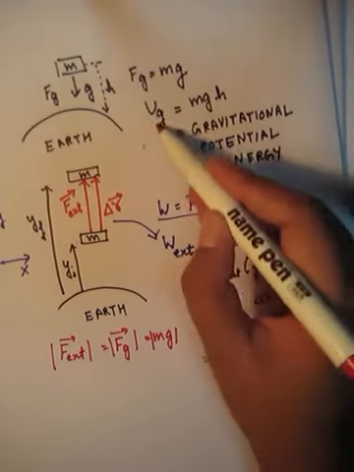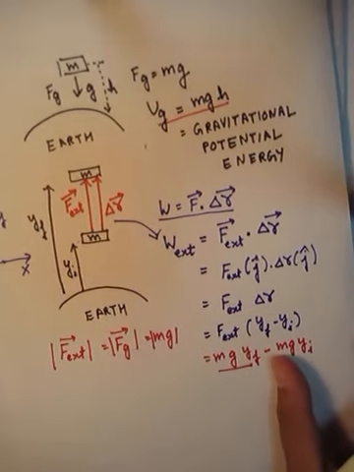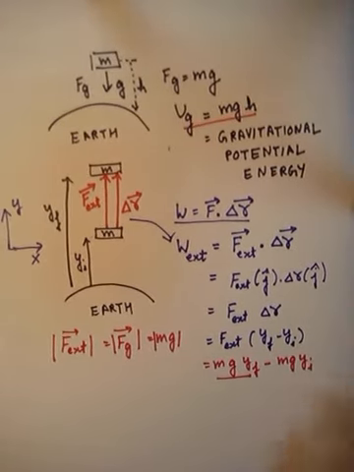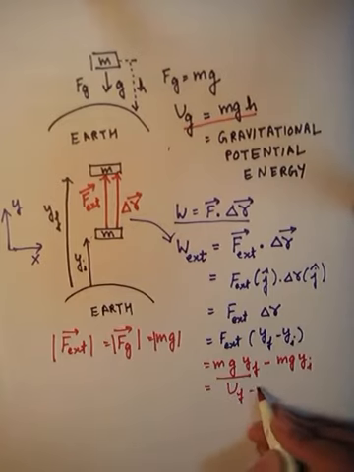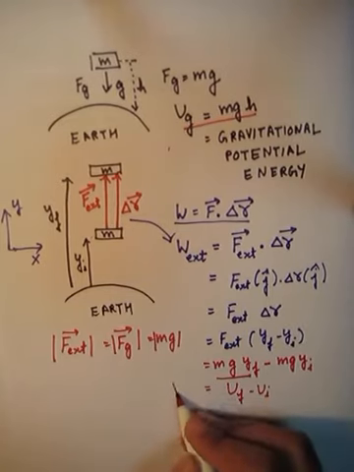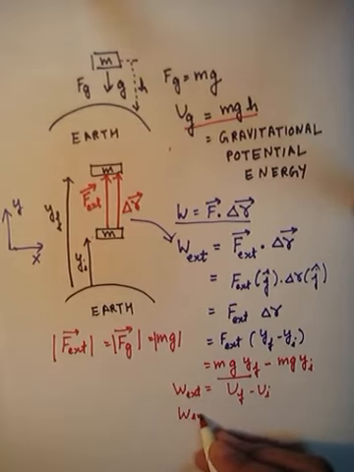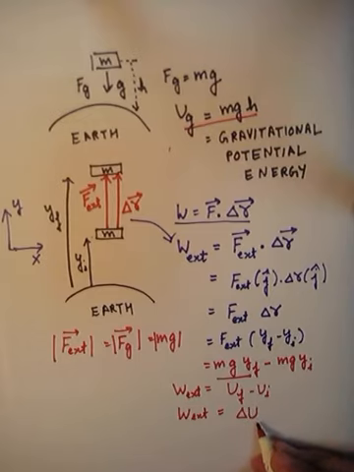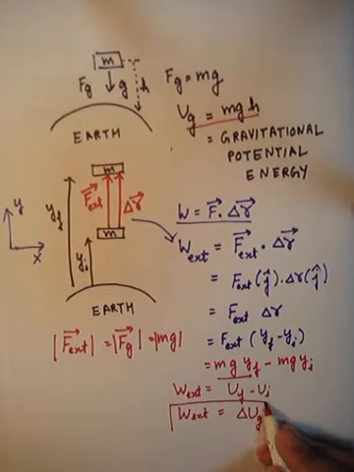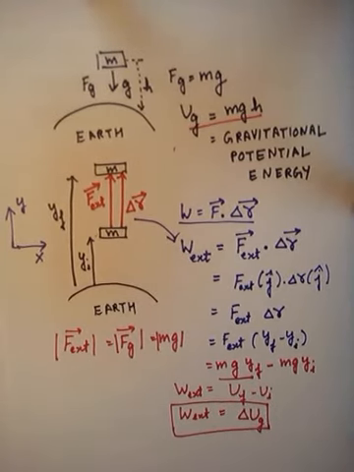Okay, mgh, the height. So in this case the height is yi. So we can say that it is Uf minus Ui. The work done by external force is equal to change in the potential energy, and this potential energy is the gravitational potential energy. So I use this subscript g for it.